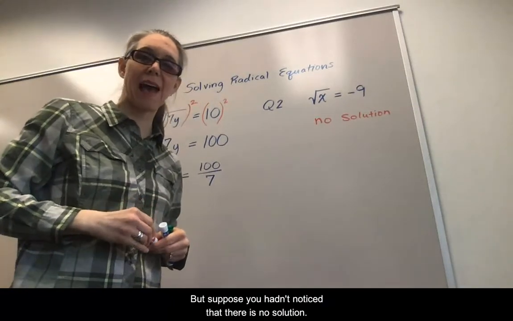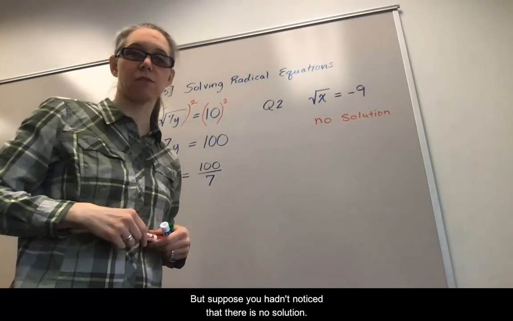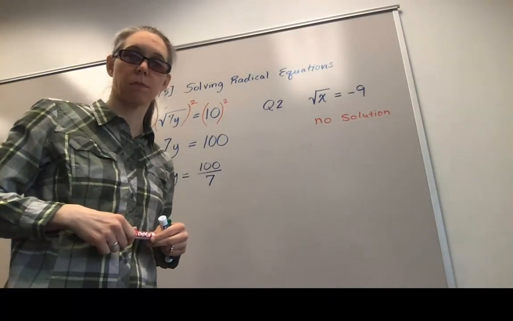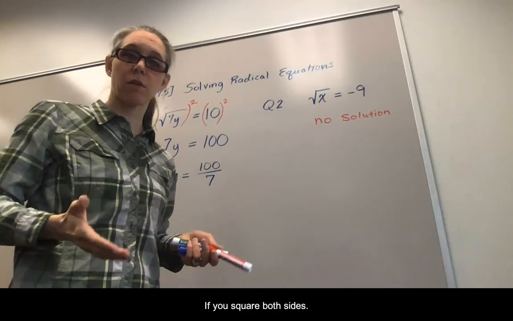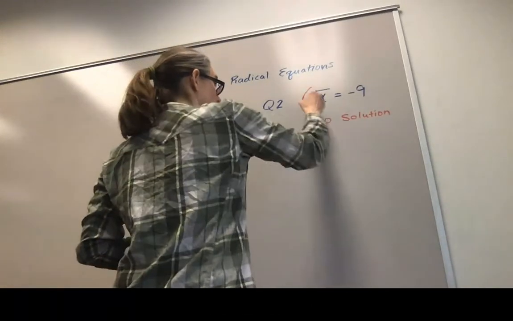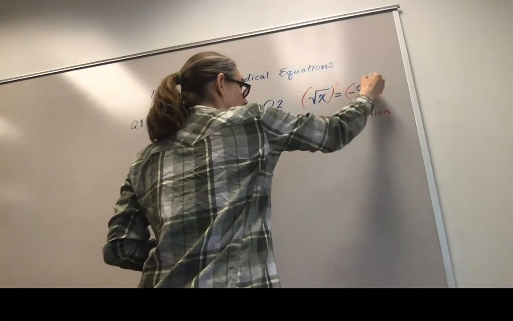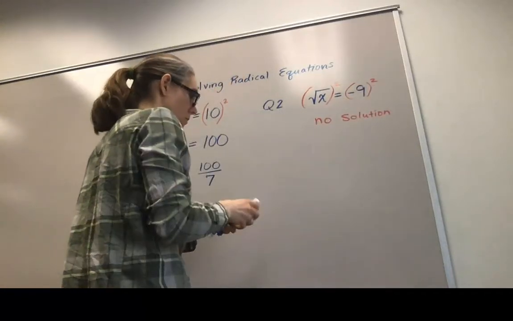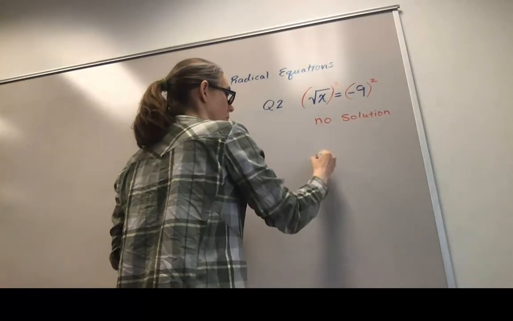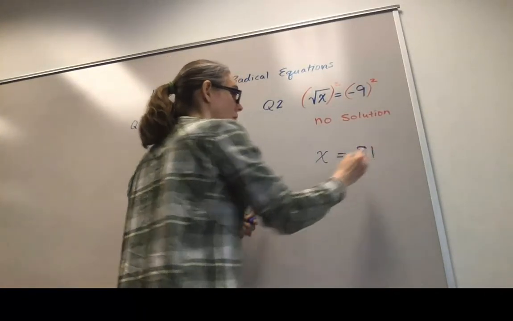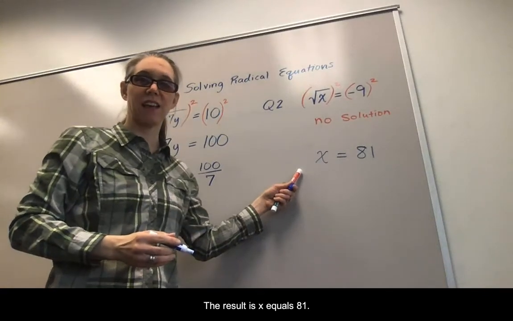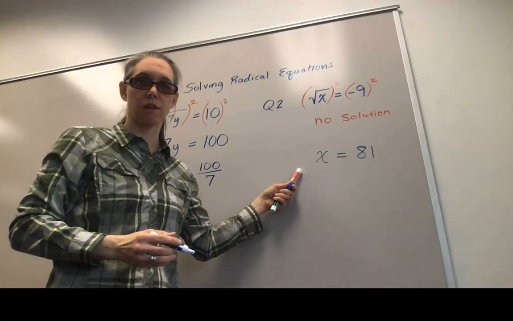But suppose you hadn't noticed that there is no solution when you first start. If you square both sides, the result is x equals 81.